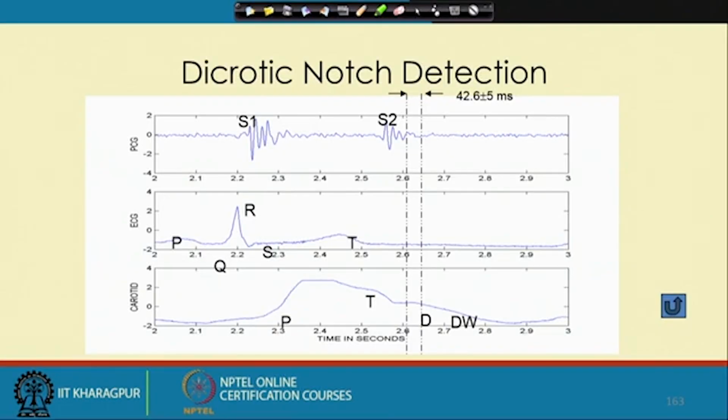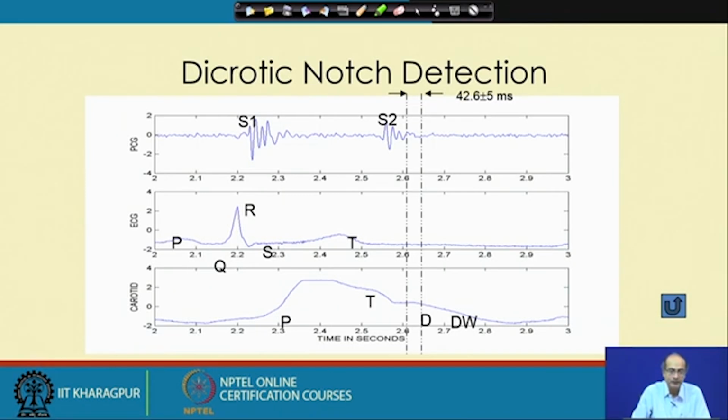If the valves have been calcified, that means calcium deposition has happened, what will happen? It will become hard. So, it will not press properly on each other, it will lose proper contact of the surface, and instead it will make a metallic sound. That will also be exhibited in the vibration of the PCG signal.